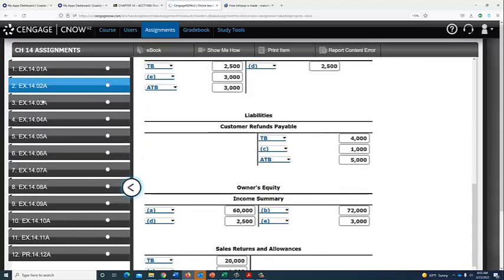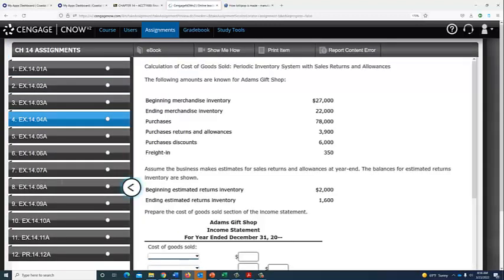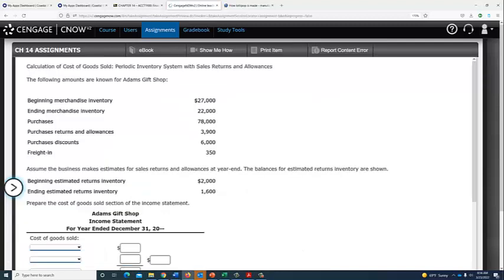We'll move on. We'll go down to 4 now. In 4, we are going to calculate cost of goods sold, and in this one we're going to be using those two inventory accounts, the regular merchandise inventory and the ending merchandise inventory.